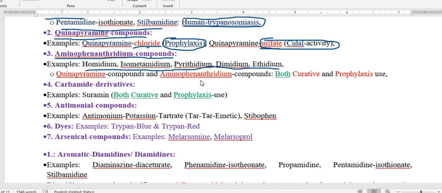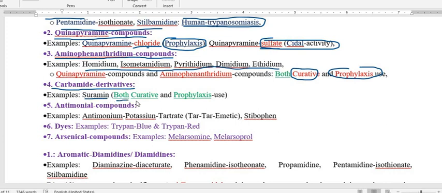The quinapyramine compounds, whose examples we already went through, as well as the aminophenanthridinium compounds, are both used to treat trypanosomiasis, that is curative use, as well as for prophylaxis. Another example belongs to another chemical group, the carbamide derivatives.